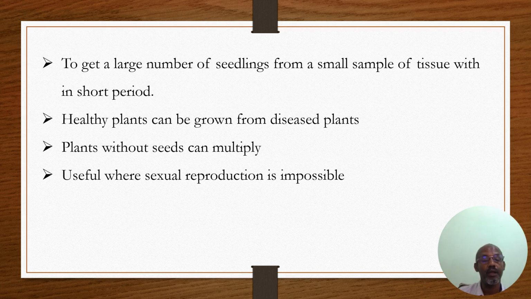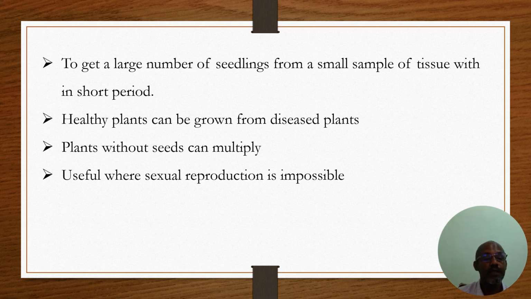Therefore, the way we produce healthy plants from diseased plant is just by using meristem culture. Meristematic cells are taken, not cells from the leaf or the stem, just at the tips, shoot tip and root tip. These are special regions. I'll show you. I do have a diagram here.